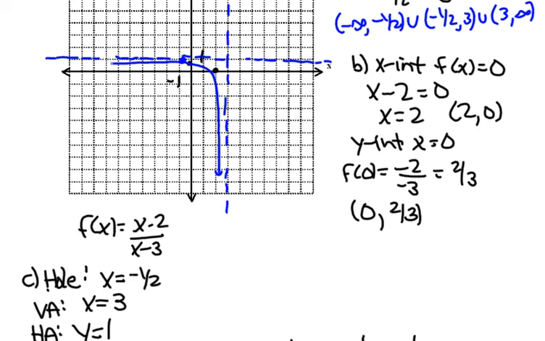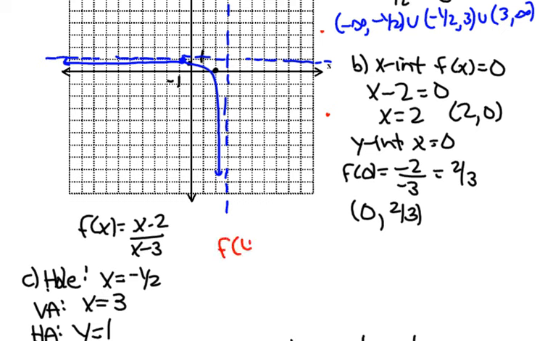We have the first part of this graph, because we know we're never going to cross the vertical asymptote, and we just worked out that it's not going to cross the horizontal asymptote. Now, one other part that we need to do: is the graph going to be in this region or this region? Well, I don't know until we test a point. So to the right of 3, let's do 4.